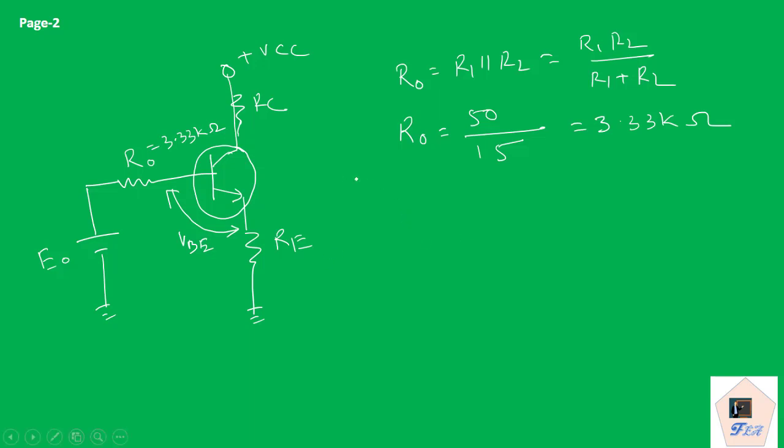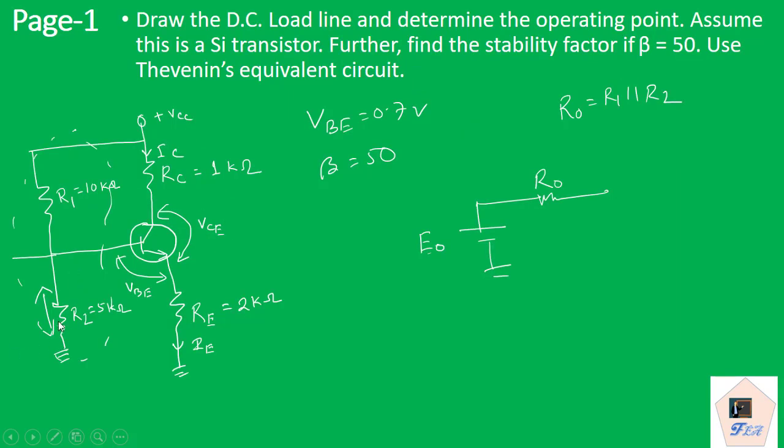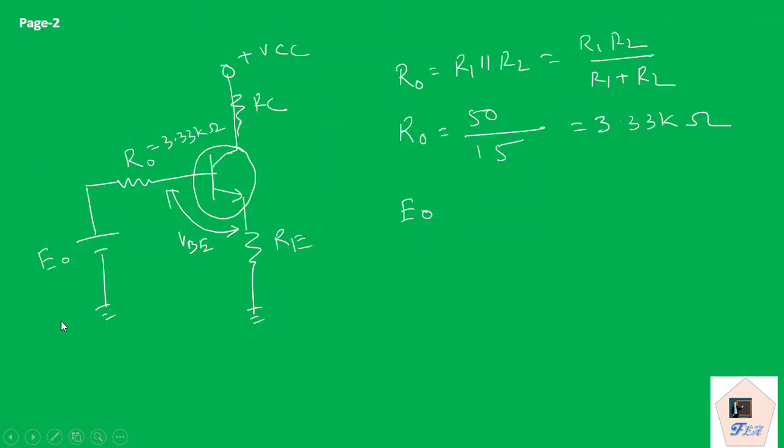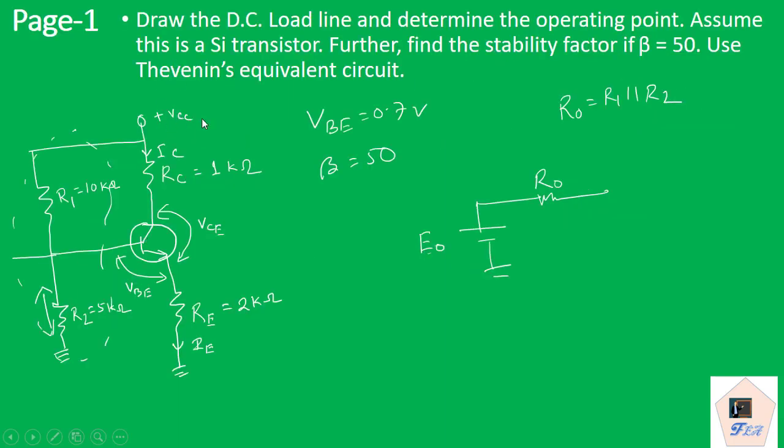Fine. So now what is E0? E0 is the voltage drop across R2 resistor. So that will be given as VCC into R2 divided by R1 plus R2. Now here you can see that VCC is not given.